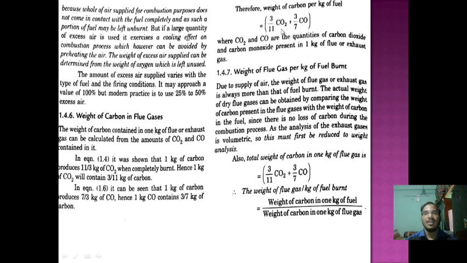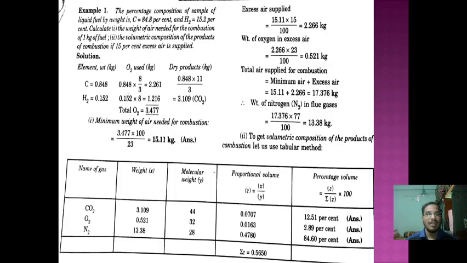Carbon dioxide is 3/11 C; for the dry products we take the reciprocal, 11/3, and calculating gives 3.109 of carbon dioxide. This is your given data, complete as per the requirement to find the parts.